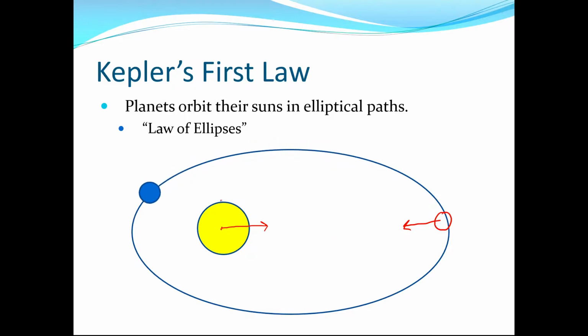So the sun is actually not stationary. It's actually being dragged along towards this planet. If the planet were over here, they would be exerting gravity on each other again. So here, the sun is exerting a force of gravity on the planet, and the planet is exerting a force of gravity on the sun. And then similarly over here, and so on.